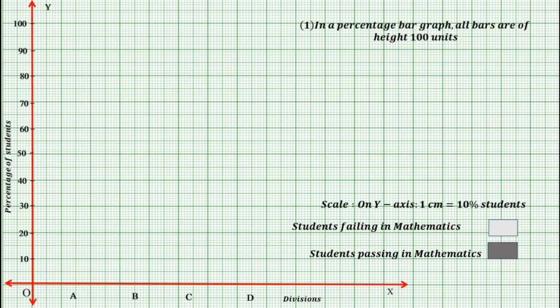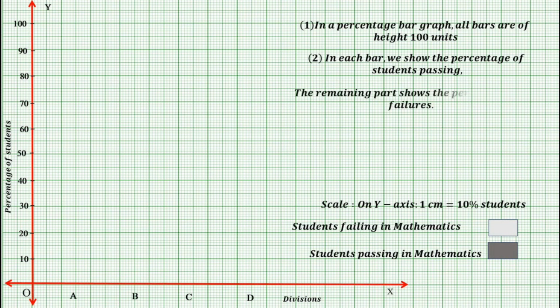So we just mark that up to 100, and second, in each bar we show the percentage of students passing. The remaining part shows the percentage of failure.